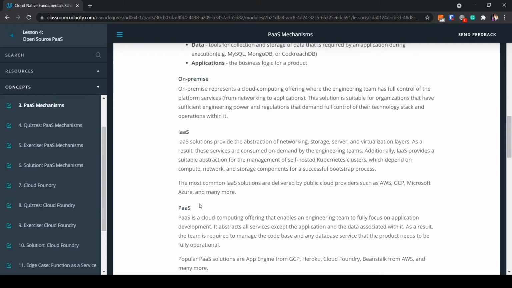So what you get to manage is the data, that is, the information that your application might generate or use and store, and there are even some attractive services they provide for that as well. And for applications, we need to develop the business logic for your application and use it accordingly for the product.